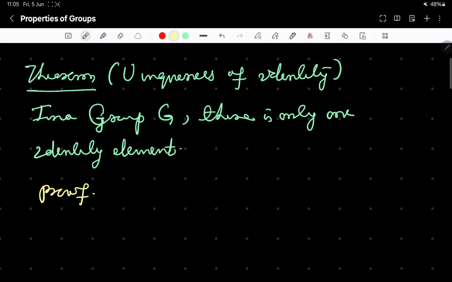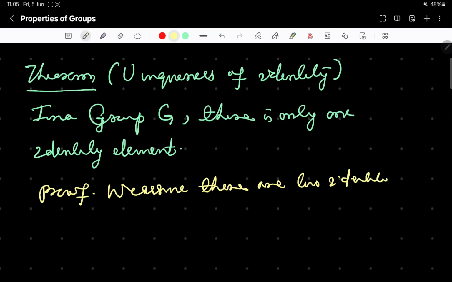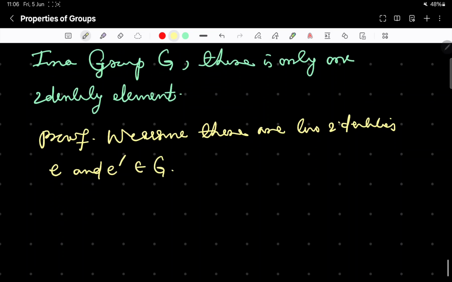So for the sake of a contradiction, we assume there are two identities. So let it be E and E dash. Okay, so they are in G. Okay, so we know the identity has to follow two rules.